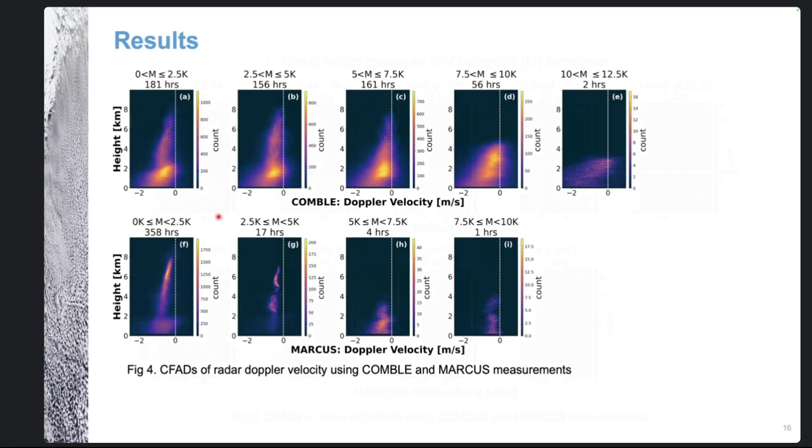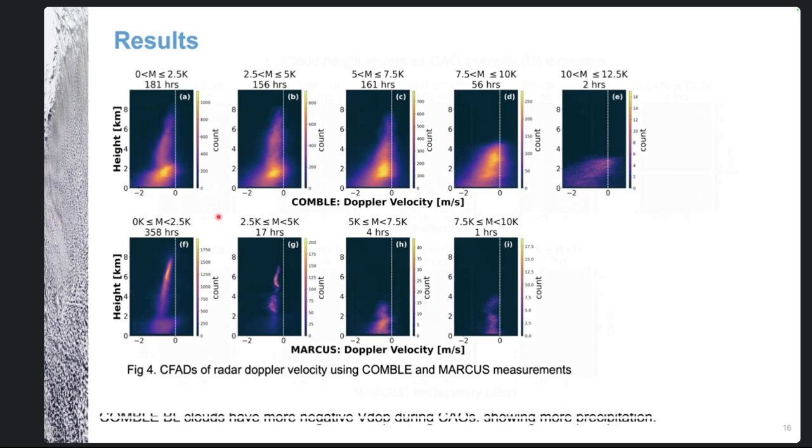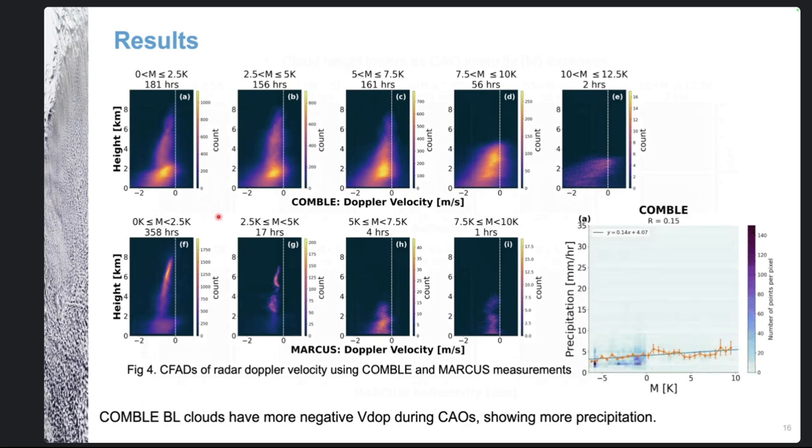When it's negative, the object is moving toward the radar. So both COMBLE and MARCUS show that during the CAOs we have negative Doppler velocity, which means precipitation.